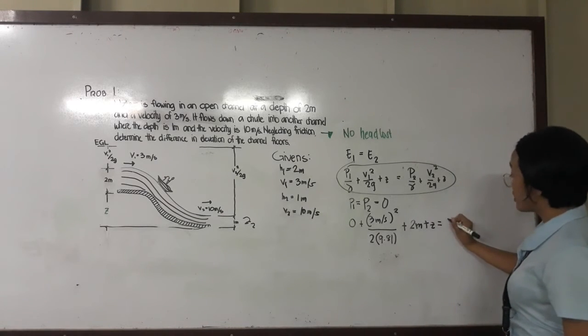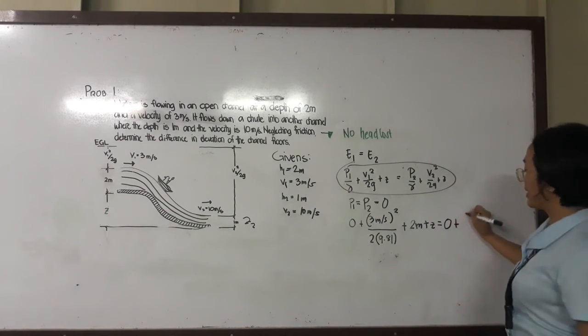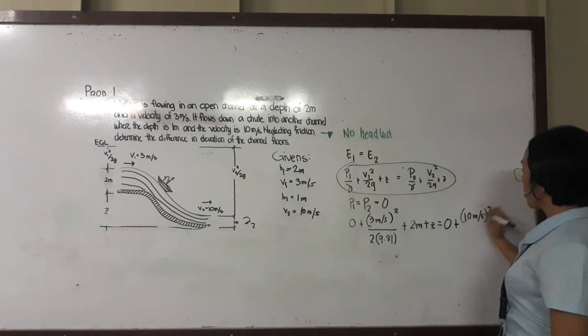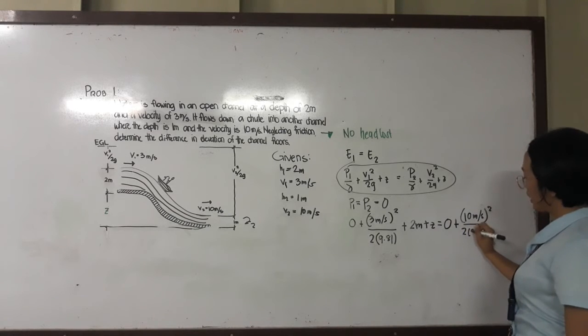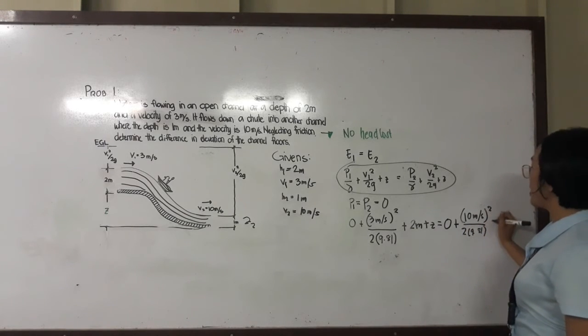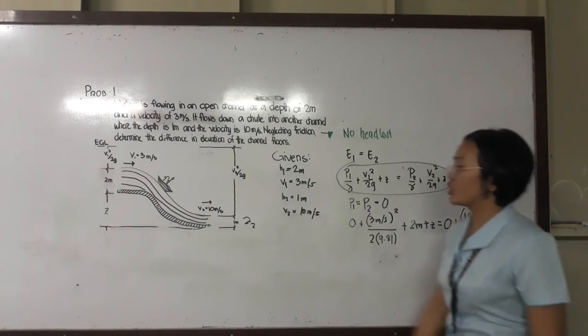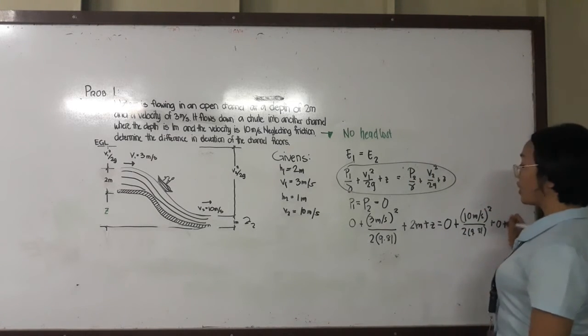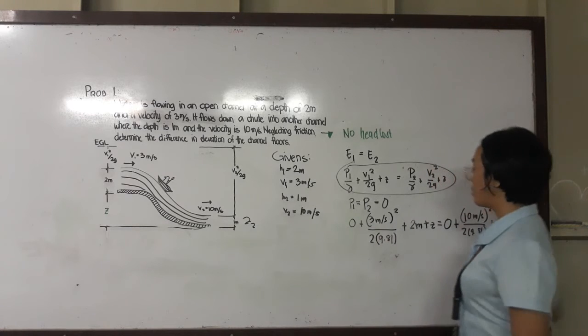Then 0 plus 10 meters per second squared over 2 times 9.81 plus 0 for the z, but we have a depth of 1 meter.